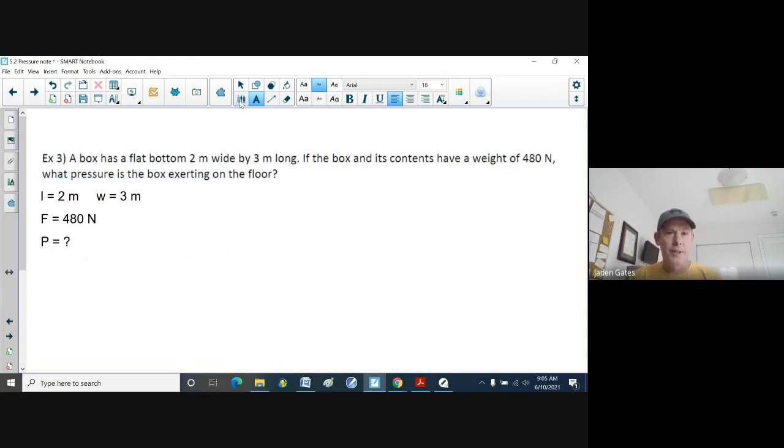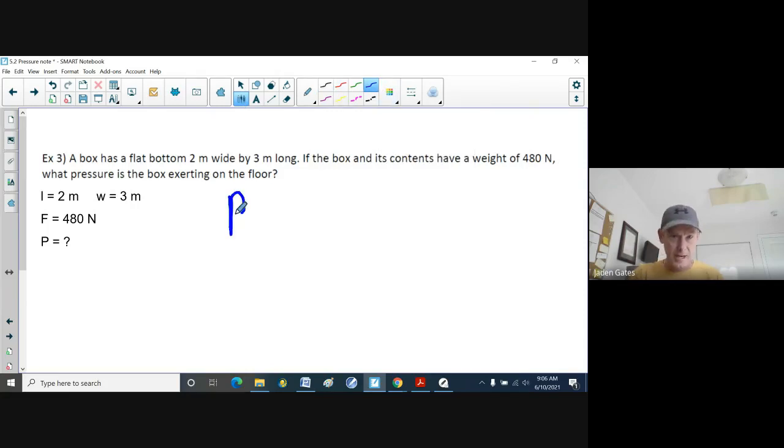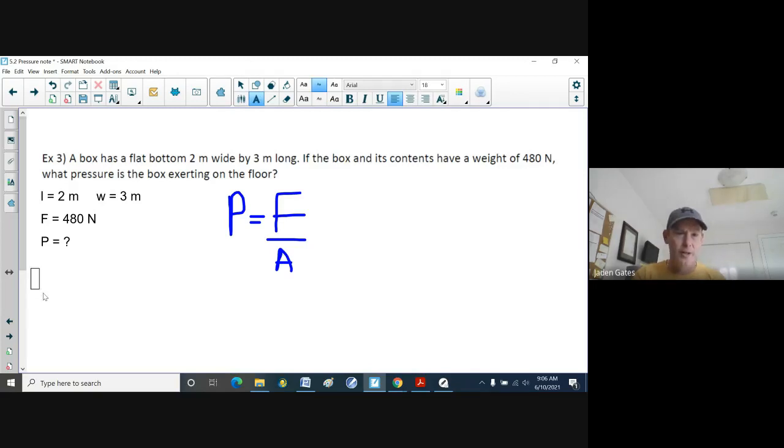Now looking at our formula for pressure, we have P is equal to F over A. What we don't have is the area, but we do have a length and a width here, so I can find the area that the box covers, and that is going to be length times width, or in this case, 2 times 3, which equals 6 meters squared.